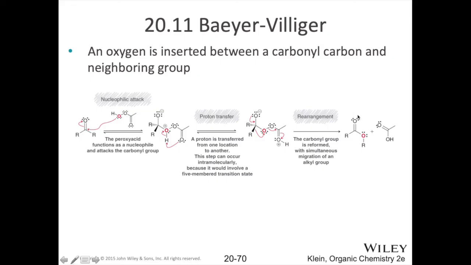You have taken that oxygen from your peroxy acid and inserted it between the carbonyl and one of the groups attached to it, and your peroxy acid leaves as the more stable carboxylic acid. The net effect is you've taken an oxygen and inserted it between the carbonyl and one of the groups attached to it.